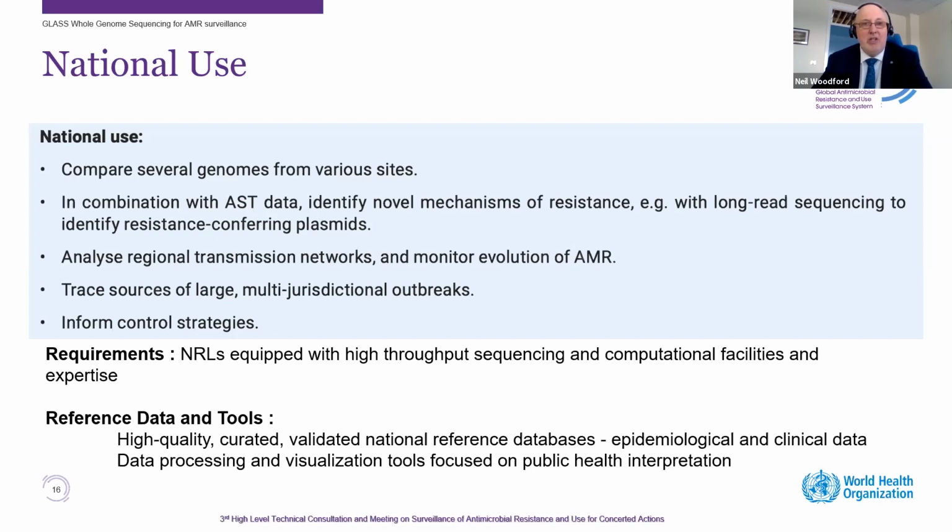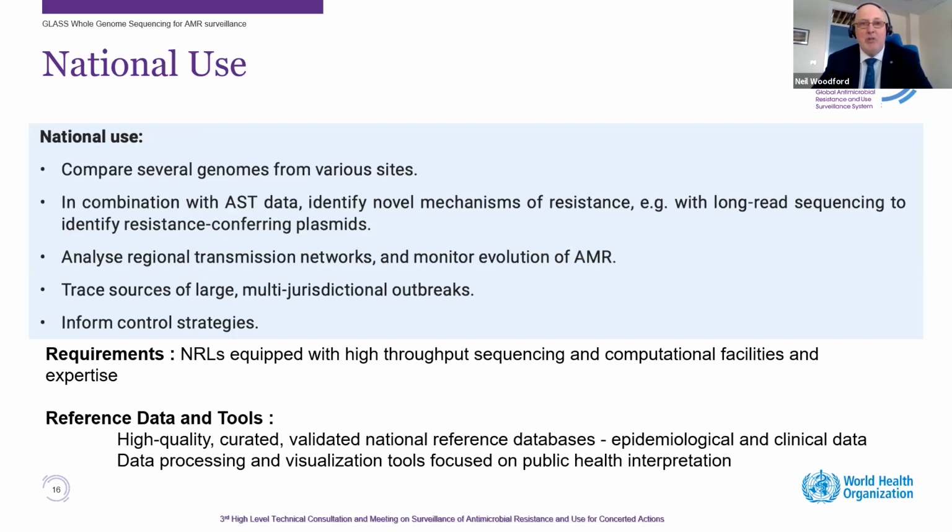Long read sequencing here may allow us to identify resistance conferring plasmids, and we can start to see if those plasmids are similar in different parts of the country. It also starts to allow regional transmission networks and allows people to monitor the evolution of AMR.